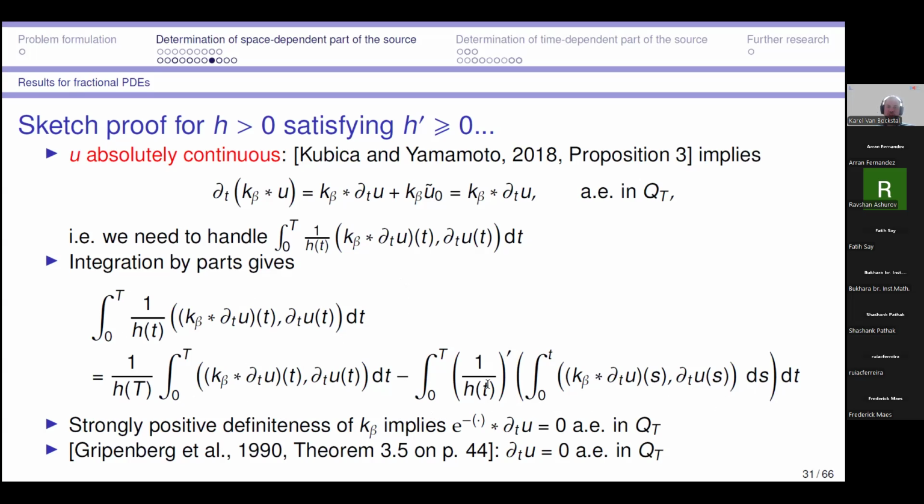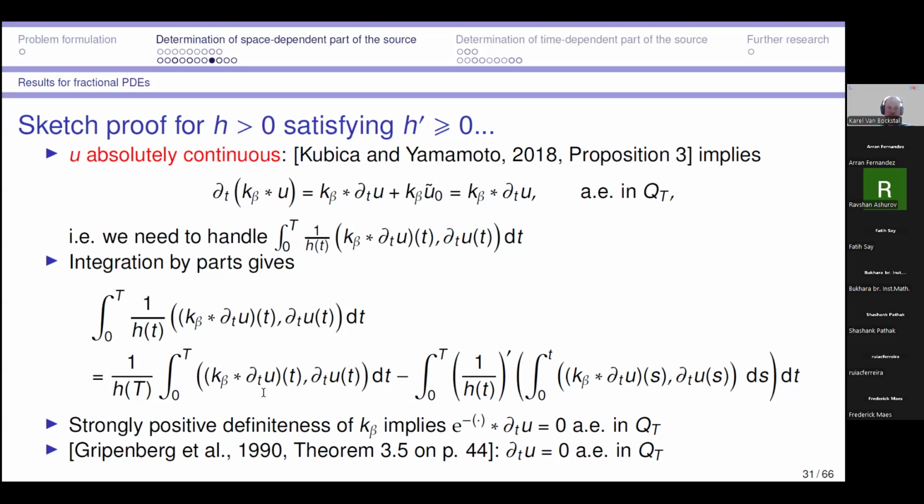Again, when h is strictly positive, we could divide. Now the derivative of h should be positive, and we have that the kernel is positive definite, so this integral is positive. In fact, we will use strong positive definiteness on the first term. What results is that the convolution of e to the minus t with the time derivative of u is almost everywhere equal to 0 in Qt.